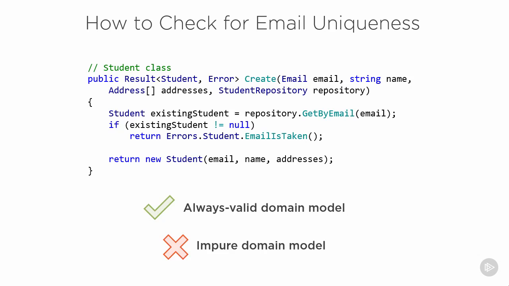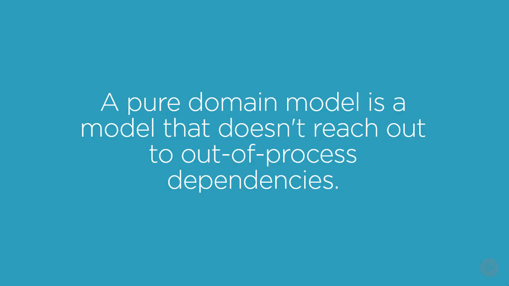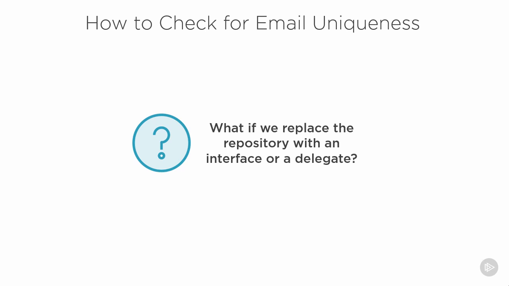But this version achieves that at the expense of another important property, domain model purity. A pure domain model is a model that doesn't reach out to out-of-process dependencies, such as the database. To be pure, domain classes should only depend on primitive types or other domain classes. At this point, you might ask, what if we replace the concrete student repository class with an interface, like IStudentRepository?